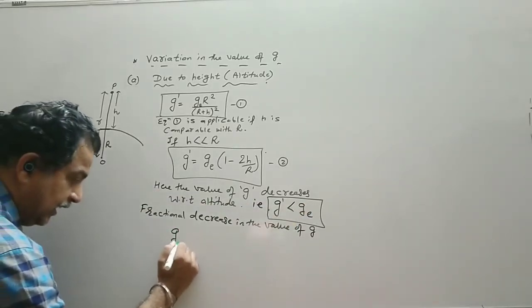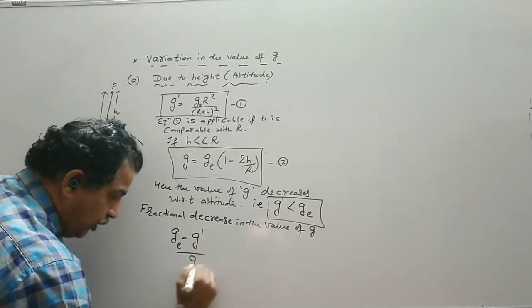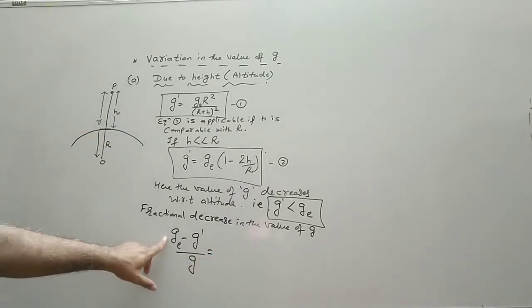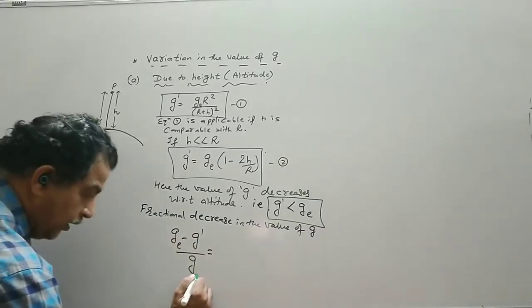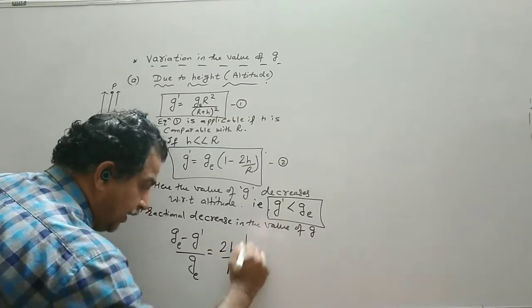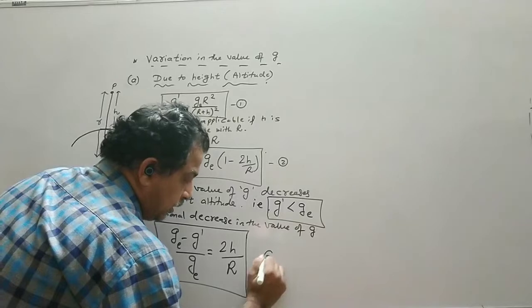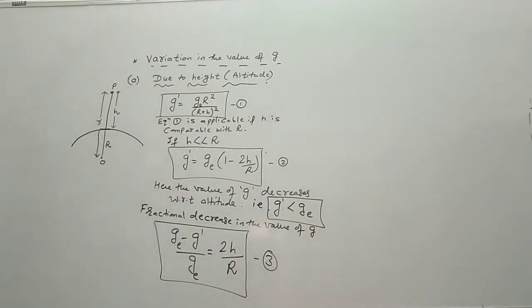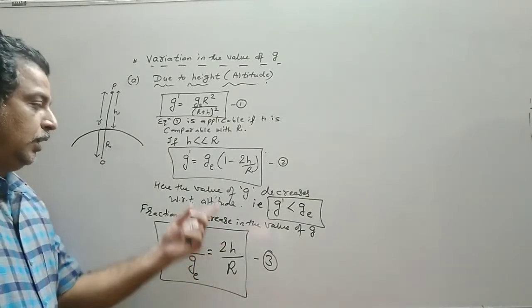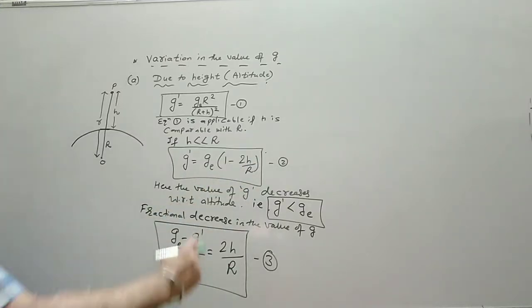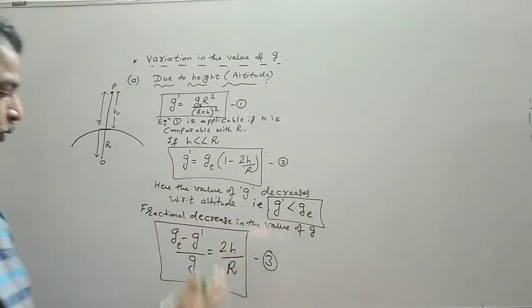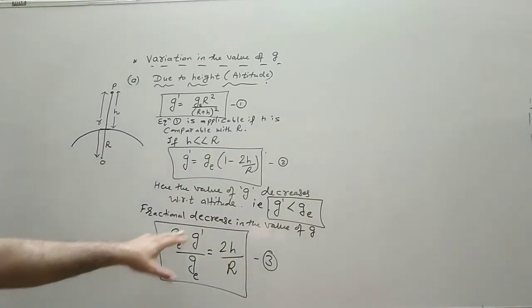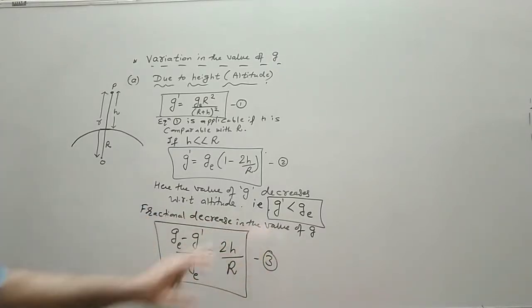So, ge minus g dash upon ge, because ge is greater, so we write initial minus final divided by initial, is equal to 2h by R. You write down all these formulas. This is the fractional decrease in the value of g, and you can derive this by opening the bracket, or you can take g dash here and do the necessary calculation. You will get this formula. So this formula is called the fractional decrease in the value of g.